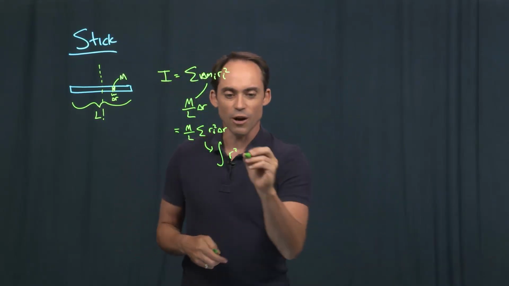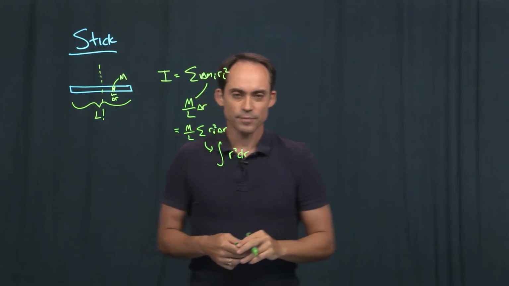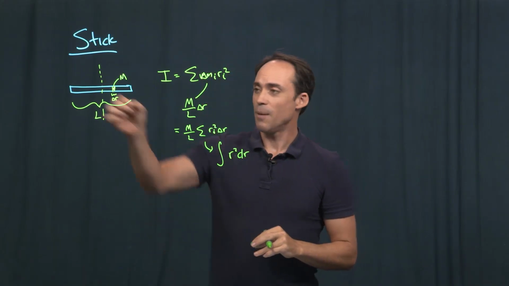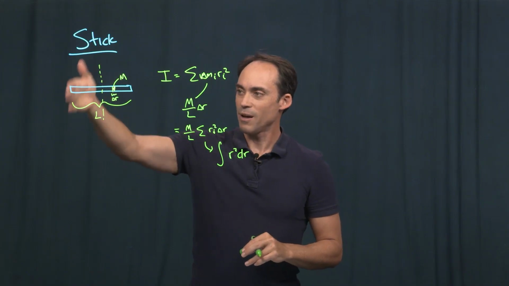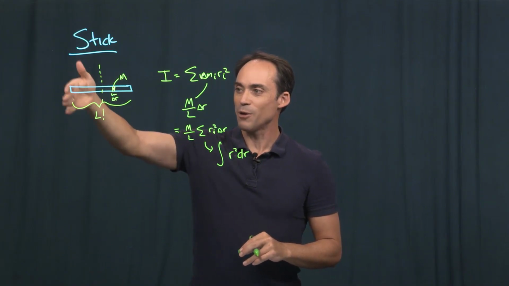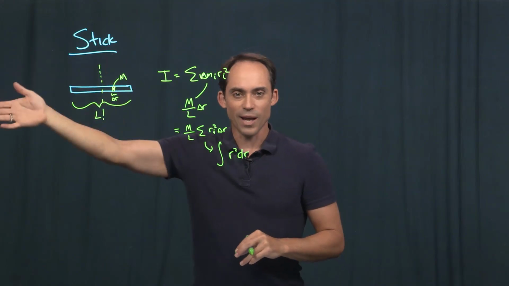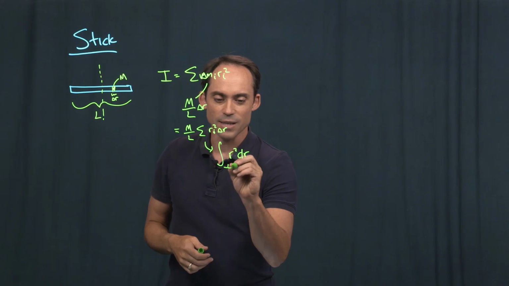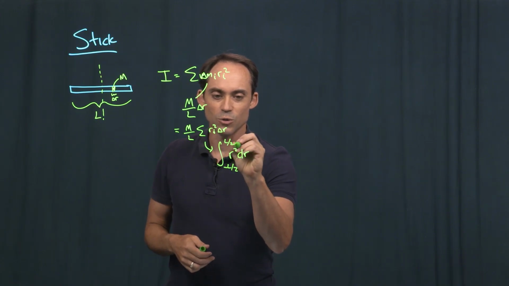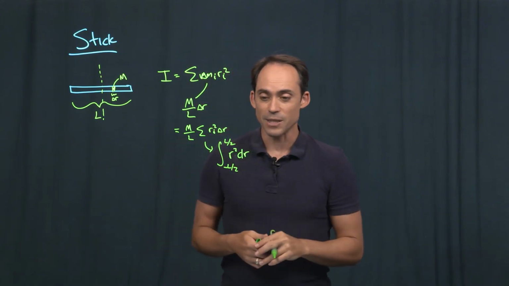So it's just the integral of r squared dr, and we're doing this integral over the entire length of the stick, from minus L over 2 to L over 2. We're going from one end to the other with the origin at the middle.